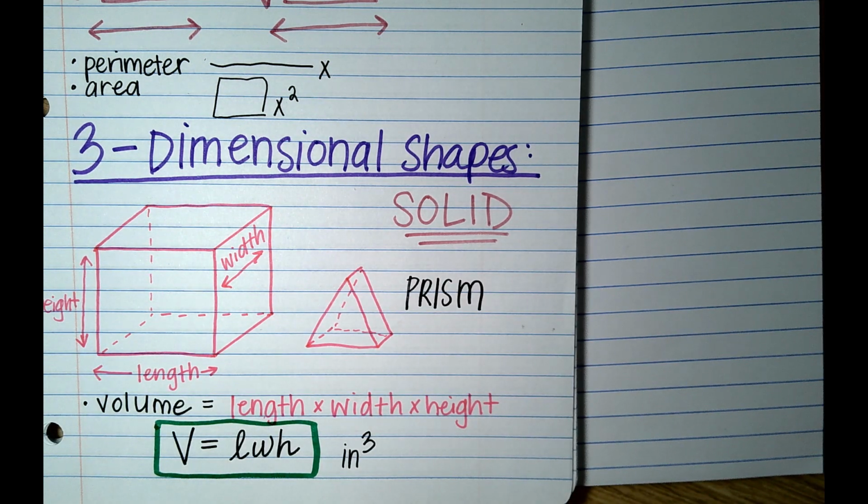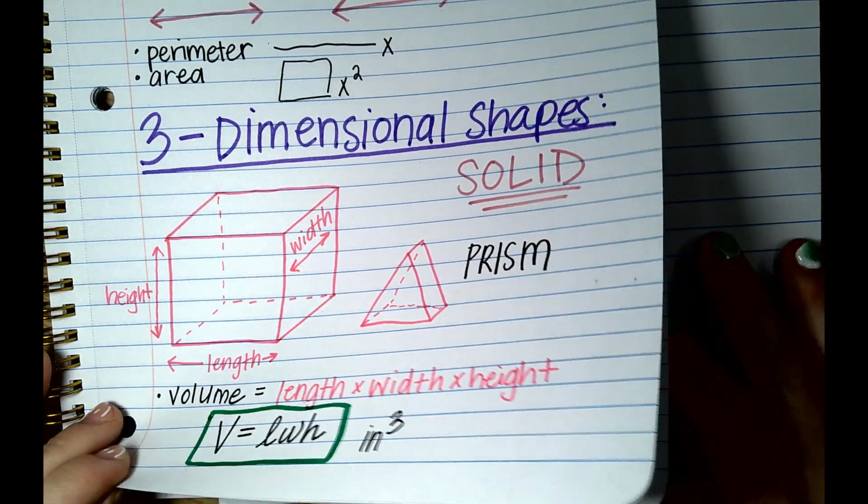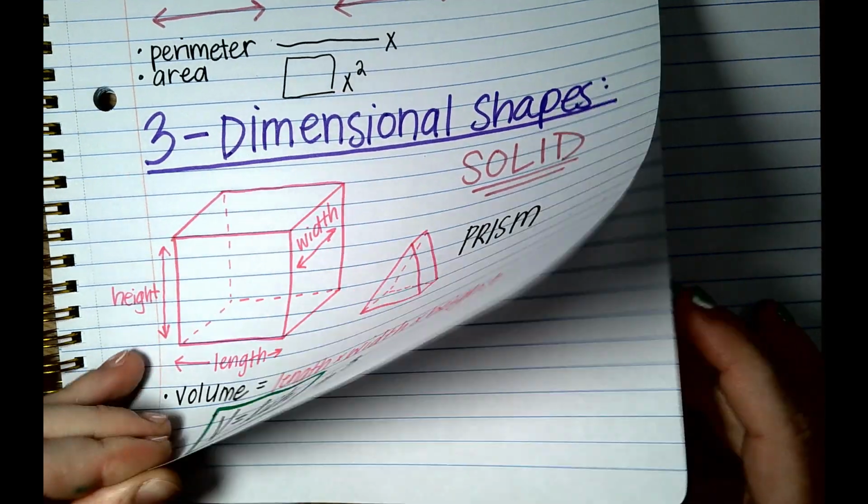Okay, now let's see. Can I move this page now? Have I given you enough time? Okay, I'm gonna move it on. So, each 3-dimensional shape has what's called a net, like I just showed you.